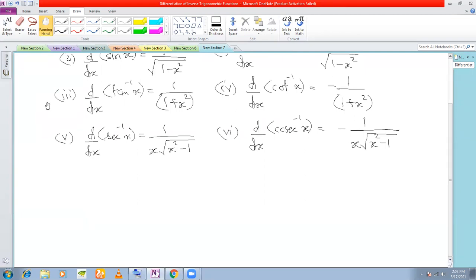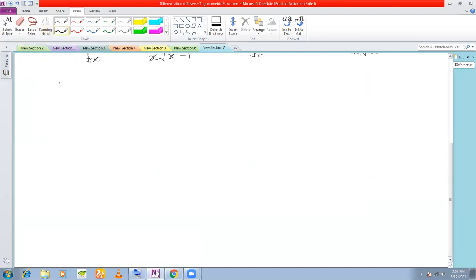Next set of problems that I'm going to give you here is this set. Differentiate the following functions. First is sec inverse tan 2x.